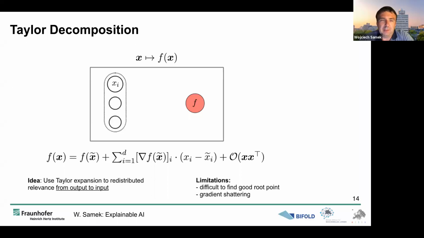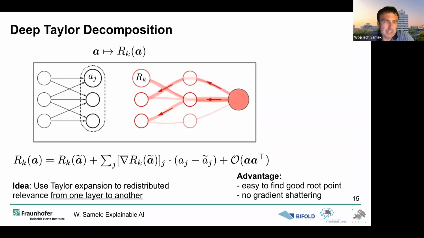But there is a trick which we showed: instead of decomposing the whole thing at once, you could use the Taylor expansion idea, but decompose things layer-wise. In other words, assume you have already redistributed your relevance until layer k.